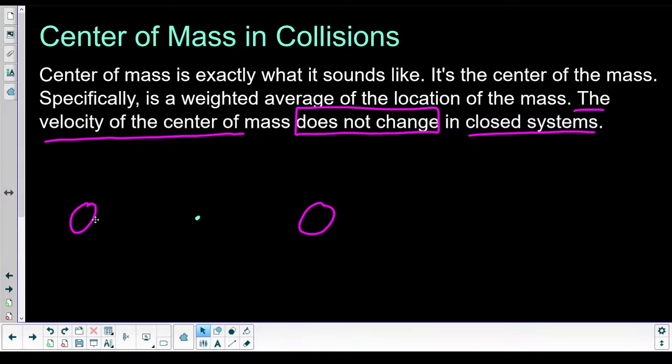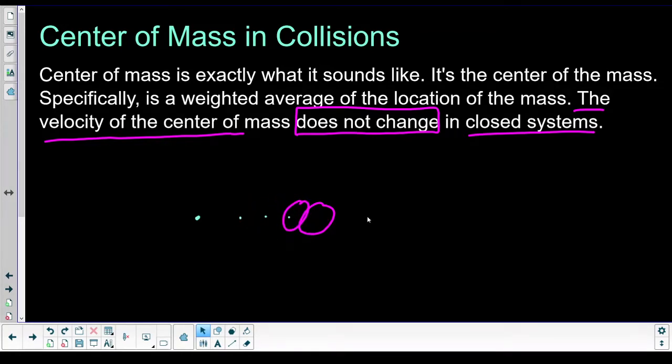This object is moving. So then it moves halfway closer. Now our center of mass is halfway between these. It's about there. It moves the same distance again. Now our center of mass is about there. It moves the same distance again. Now our center of mass is about there. It hits this thing.